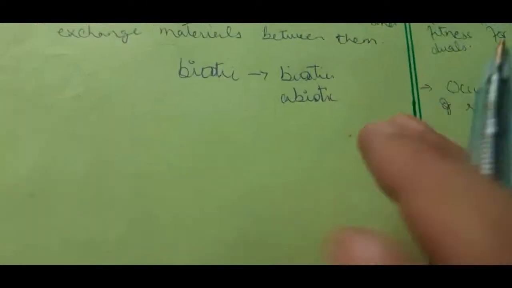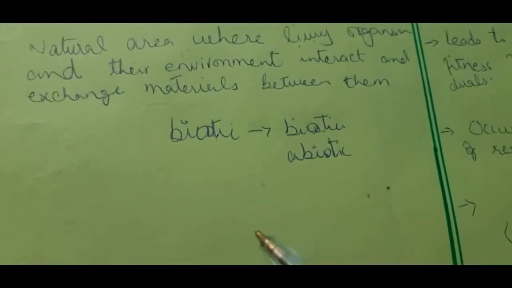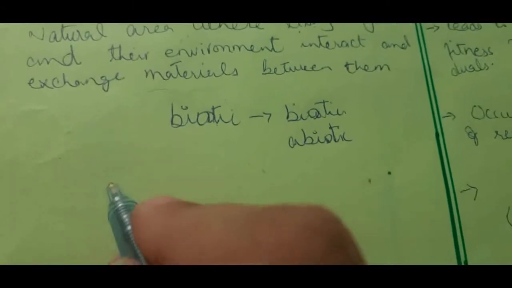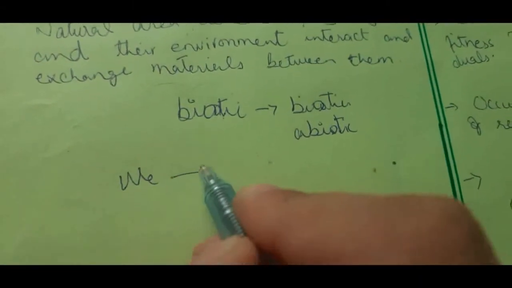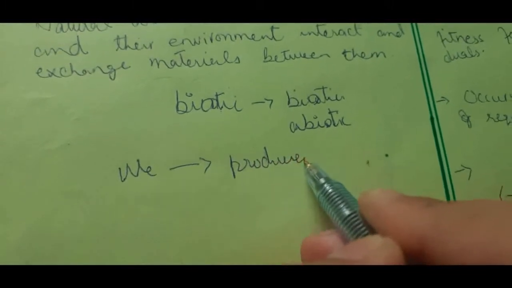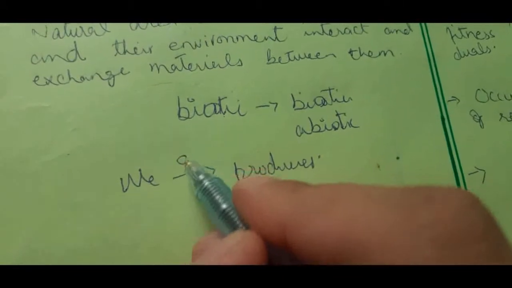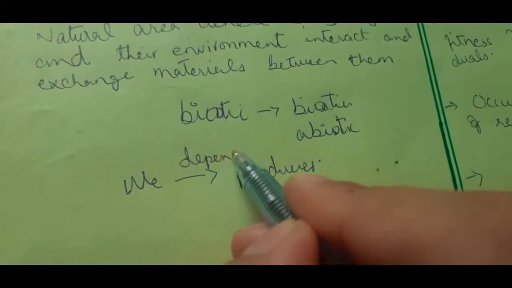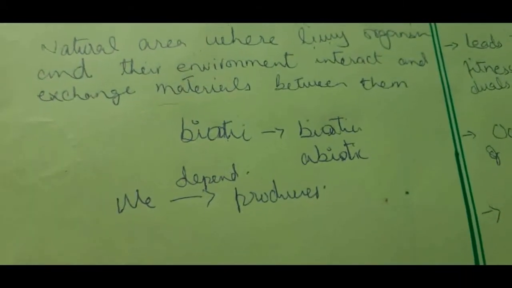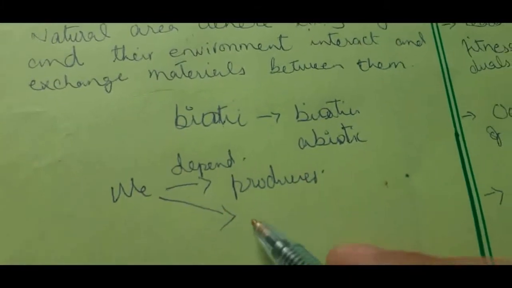Can we survive without consuming the plants? Obviously no. This means that we, being human beings, depend on producers. Right? So there is an interaction between us. Similarly, we also depend on the air or on our atmosphere.